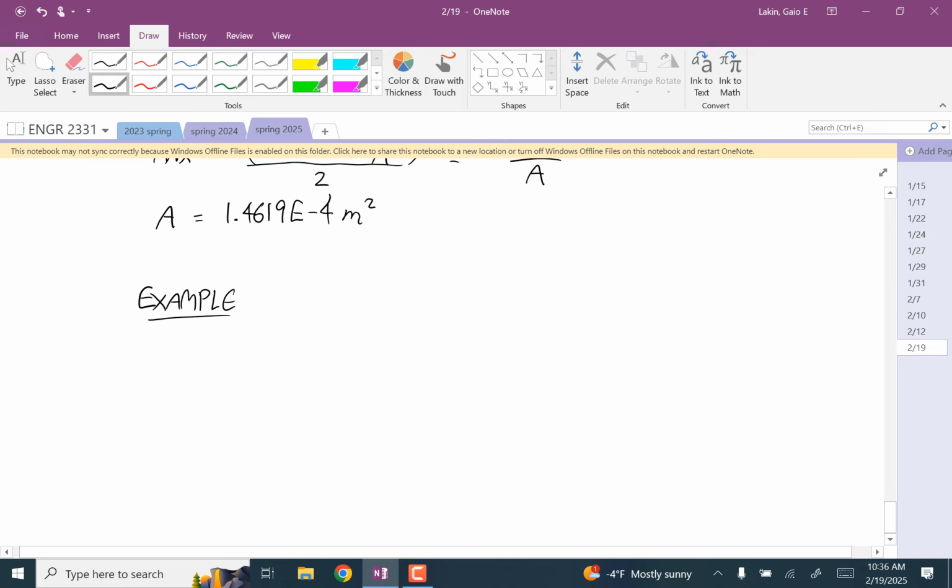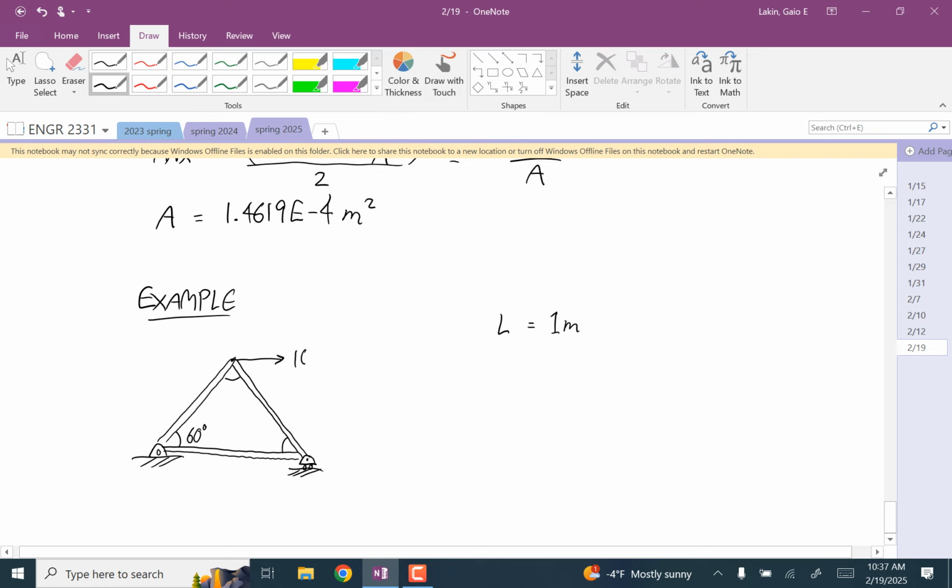so let's say we have an equilateral triangle now. And now we have 3 members. All the angles are 60 degrees. And all the lengths, let's say, are 1 meter again. And let's do the same thing again.